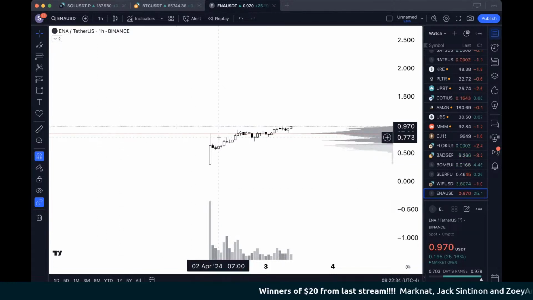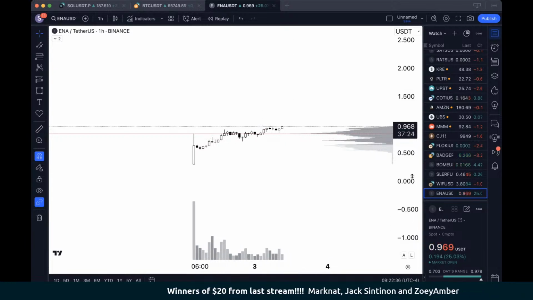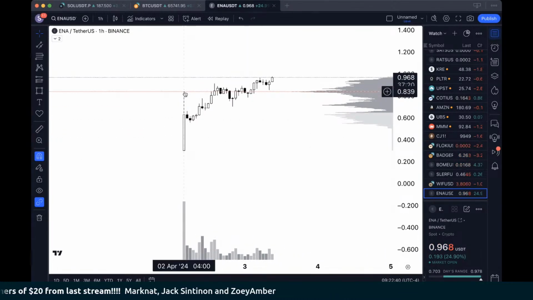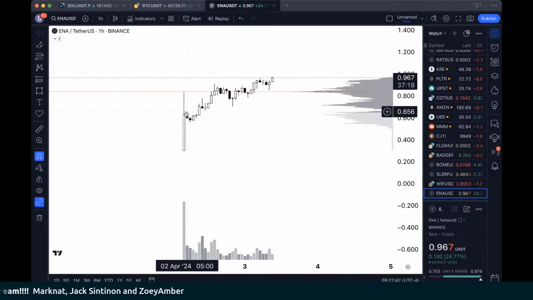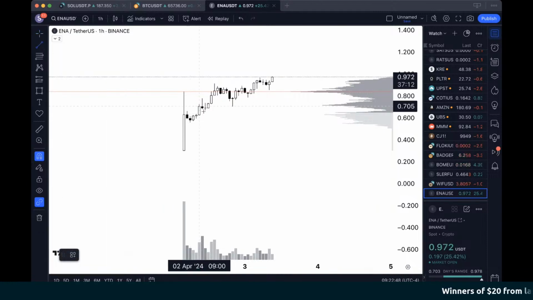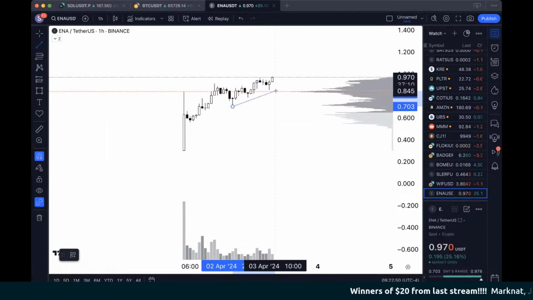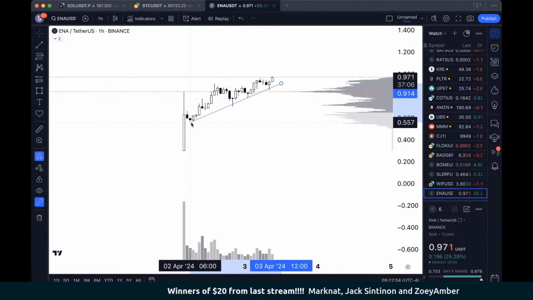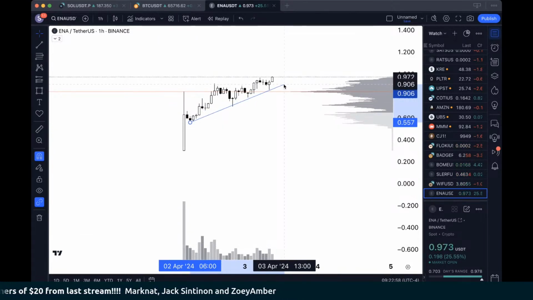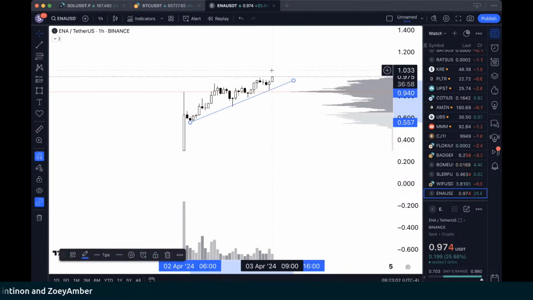You've got a huge amount of volume, relatively, at the top of this wick, and that's from when it was listed on Binance. At this point, things that I would look at are this trend right here.